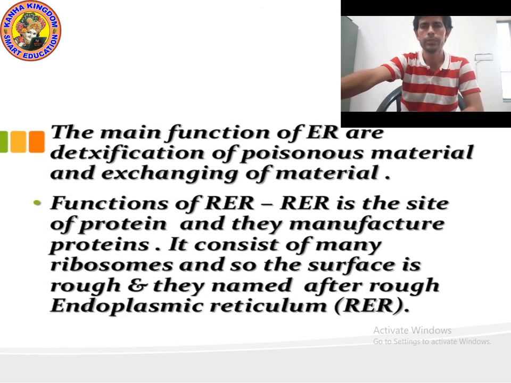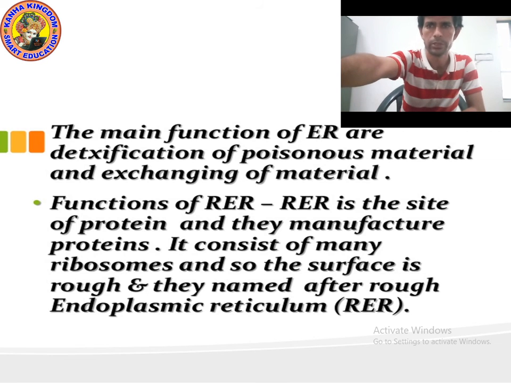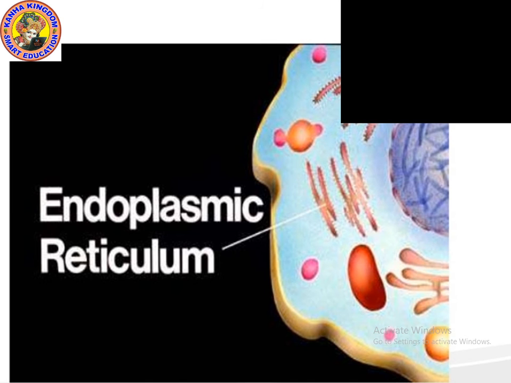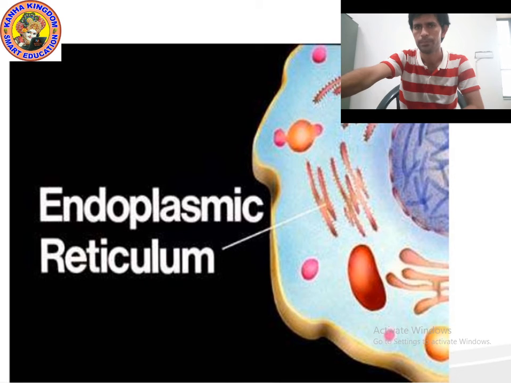So kids, I hope that you understood. Now let's see the picture of endoplasmic reticulum. Let's move on to the next point. Yes, kids, this is the picture of endoplasmic reticulum.